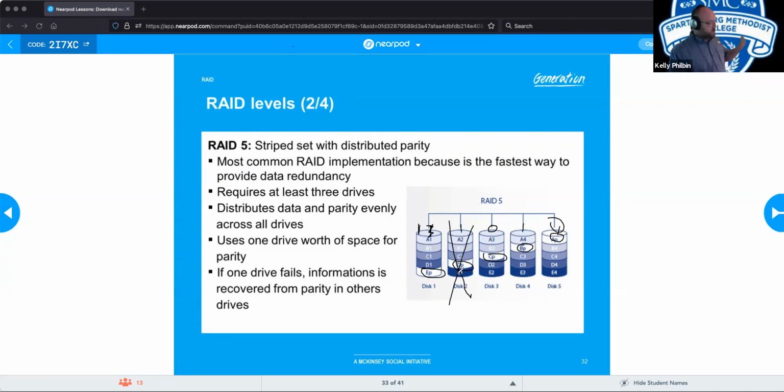This allows for increased storage, increased speed, and it's not quite as expensive as if we had done a full redundancy like RAID 1. This also happens to be one of the most common RAID arrays in use today.